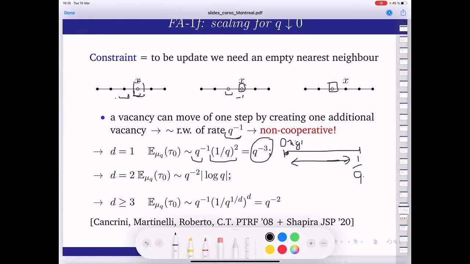So you don't have to have in mind some sort of regions that are conserved and that move around. Even for FA1F, the easier case, when these single empty sites that induce relaxation meet, one of them, especially in the regime of small q, may disappear. So they do interact.